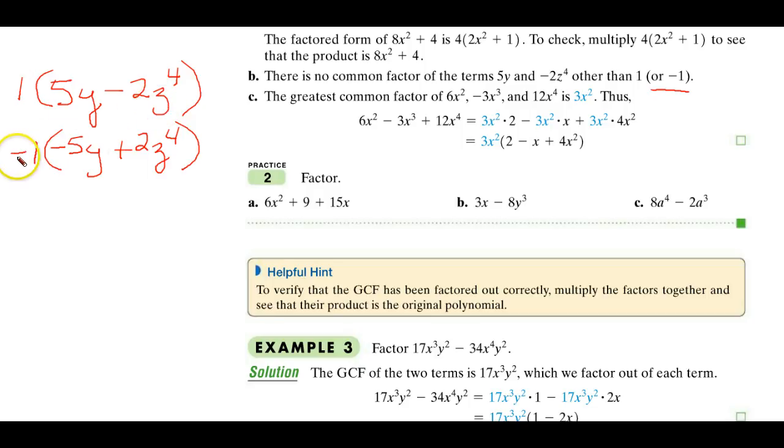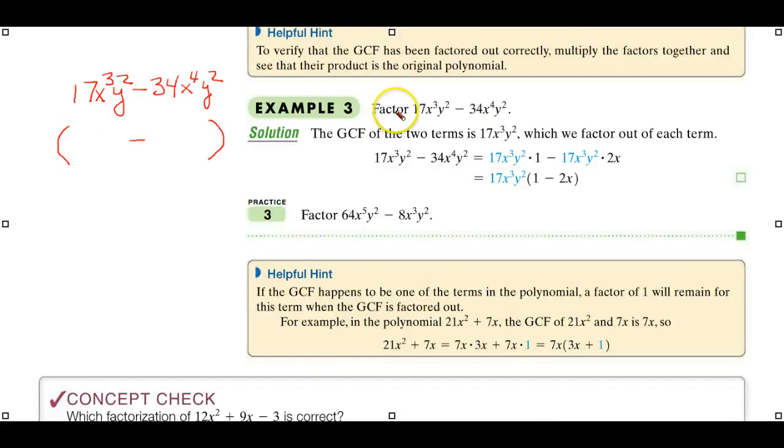Or if you took out a negative 1, that would reverse the signs. So again, when you distributed, you would get your original expression. In example 3, I've written this here.